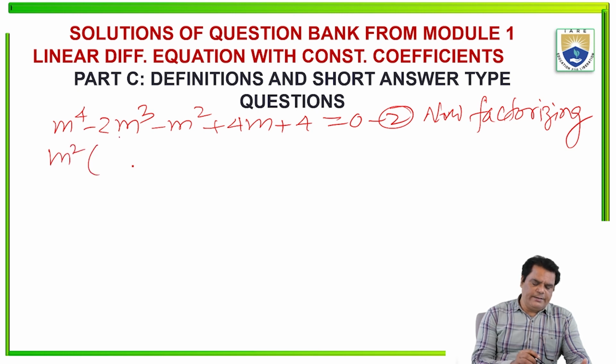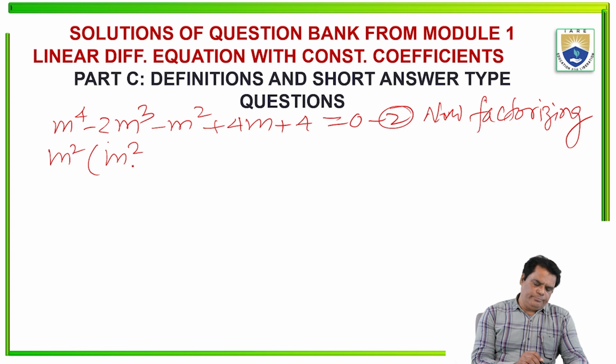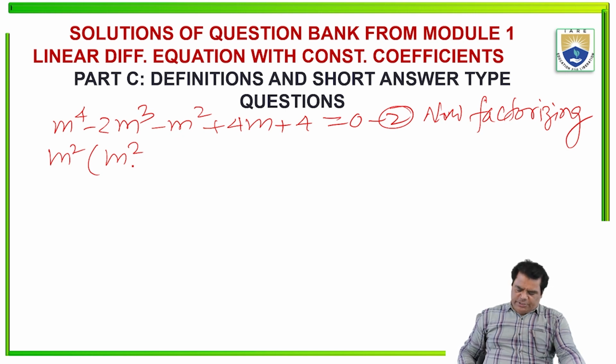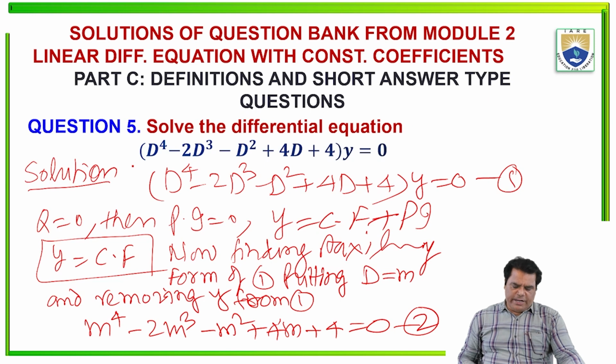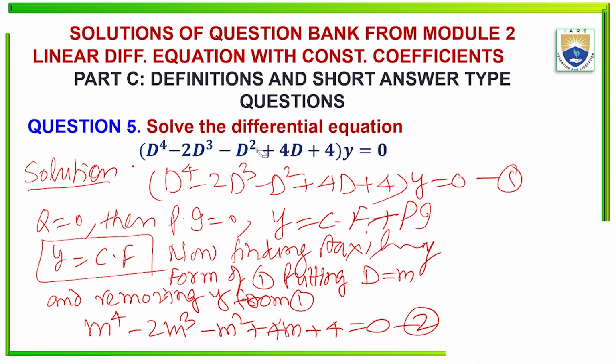And we get here m square minus 2m minus 1. Okay. So here is 1 and here is 1. 4 2 is 8.